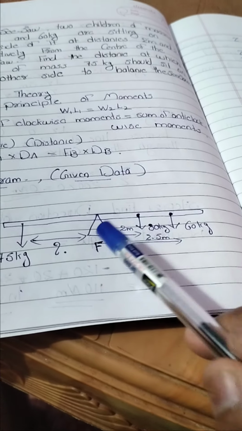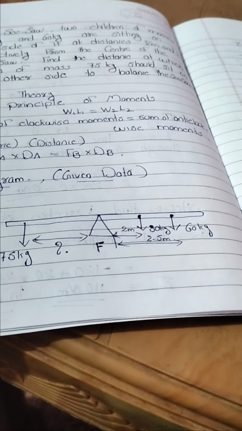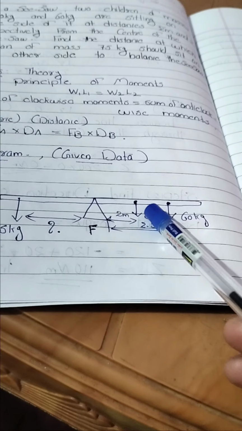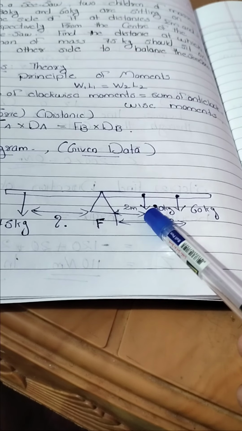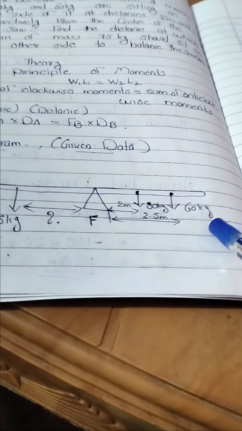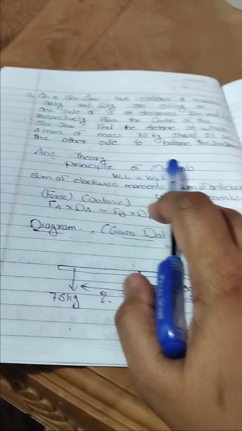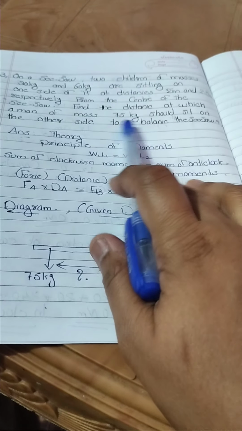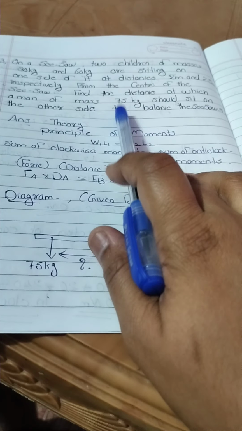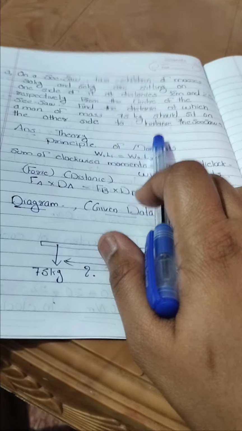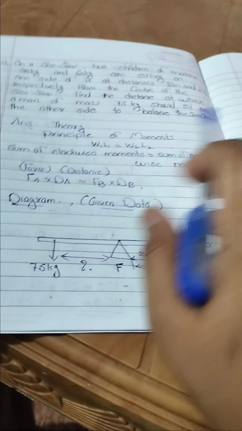Distance from the fixed point. You should remember all the distances we should take from the fulcrum. So in the case of 30 kg, the distance from the fulcrum is 2 meter and for the second one the distance is 2.5 meter. Then another given data of the question: the man of mass 75 kg should sit on the other side of the seesaw to balance it.